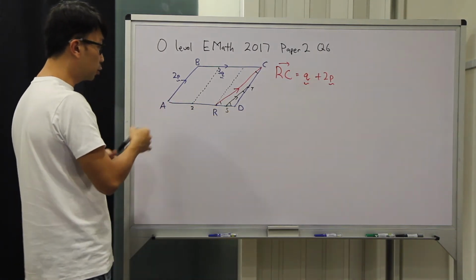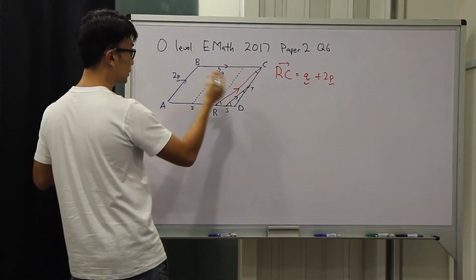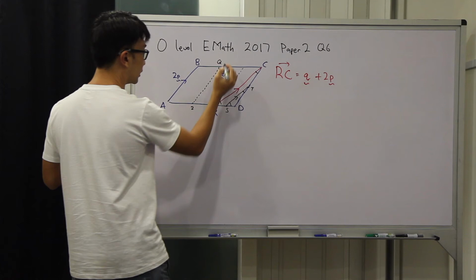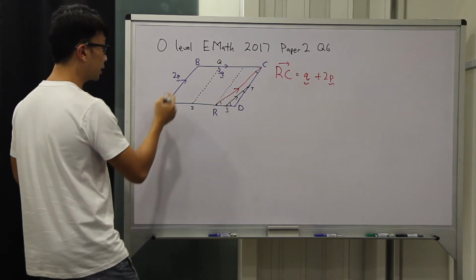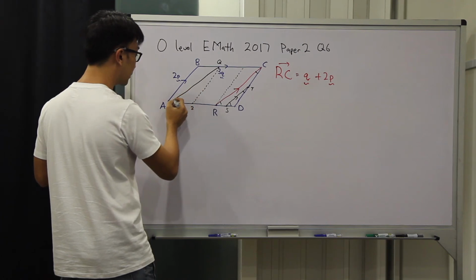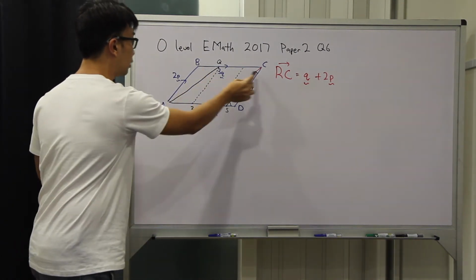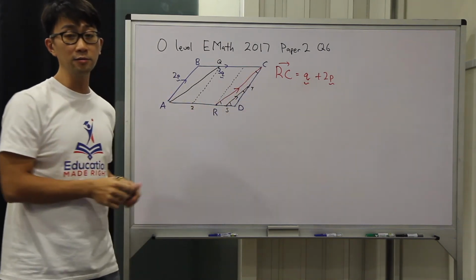So we must have Q also positioned at the 1/3 mark of BC. So Q will be right here, and QAB will be like that. You realize that these two triangles actually look the same, just that one is flipped around.